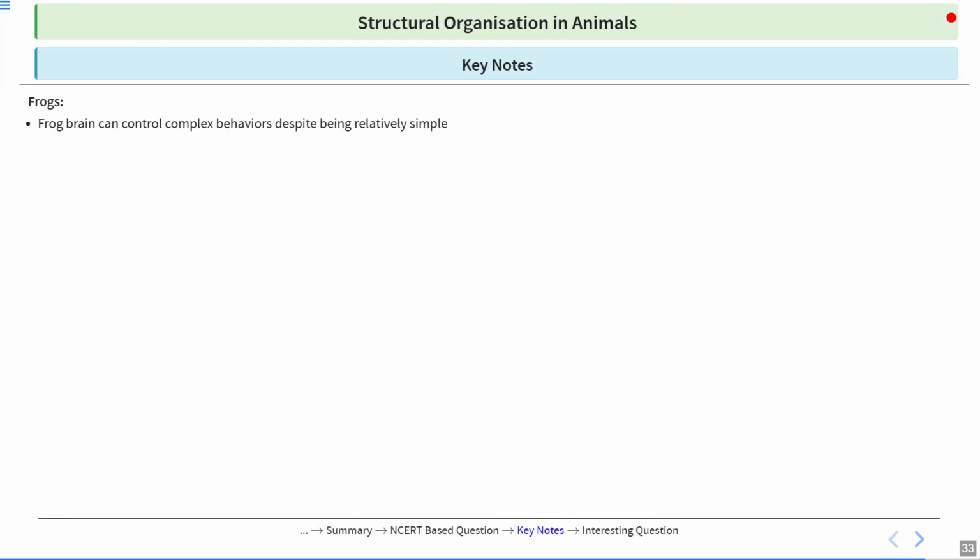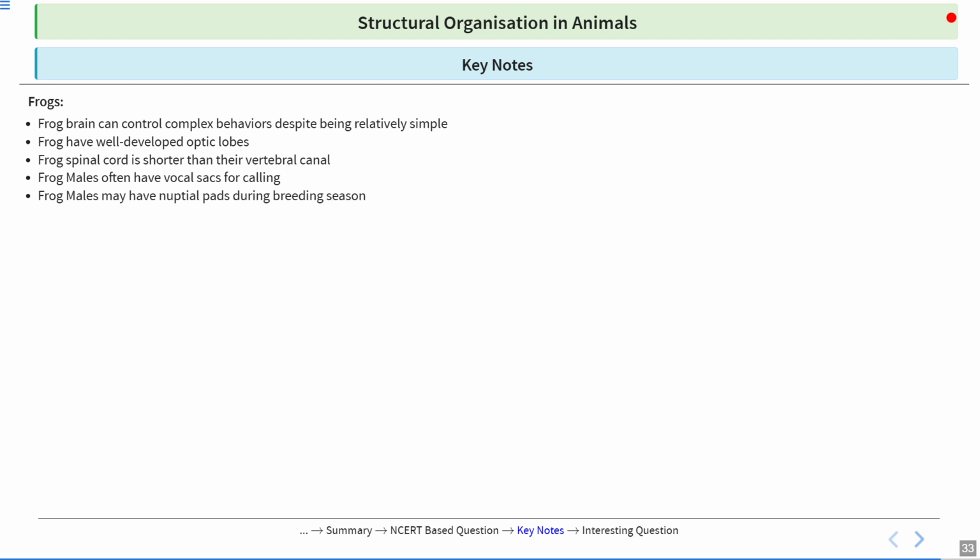Key notes. The frog brain can control complex behavior despite being relatively simple. It is very simple, but it can work for the complex behavior of the frog. Frogs have well-developed optic lobes in the midbrain. The frog spinal cord is shorter than the vertebral canal. Frog males often have vocal sacs for calling.